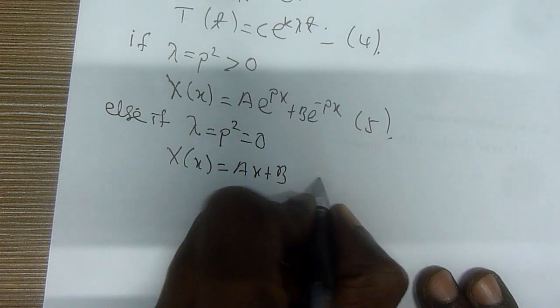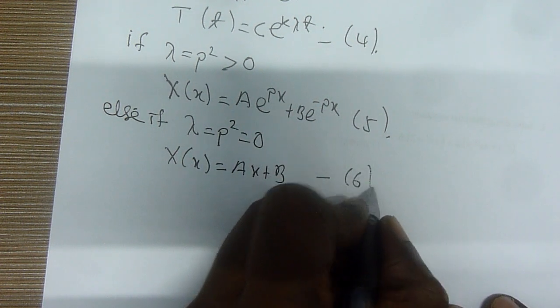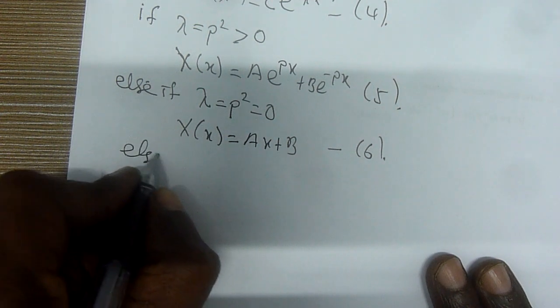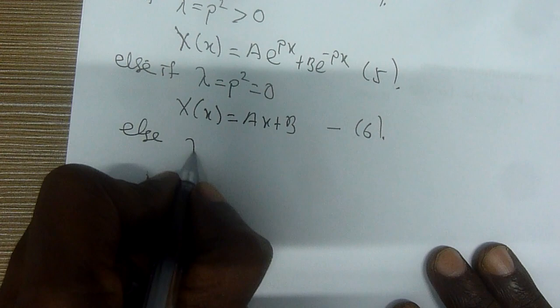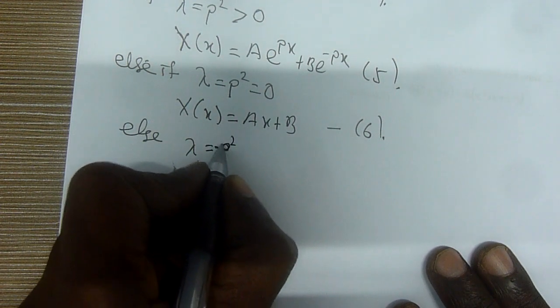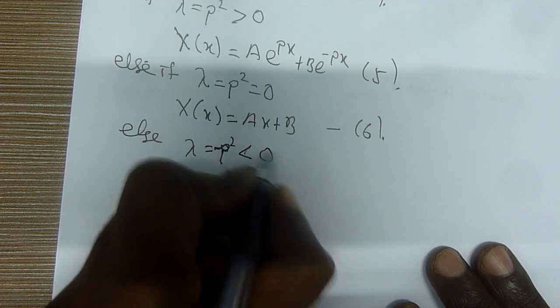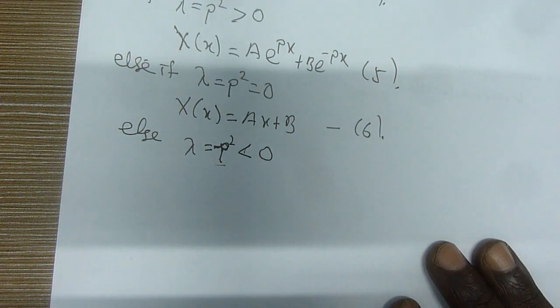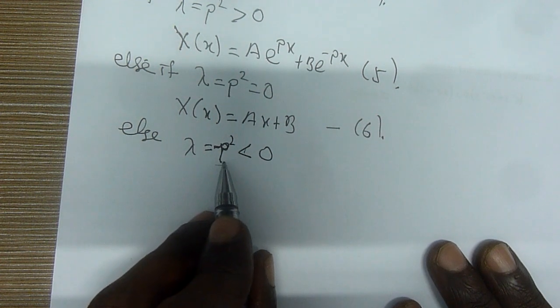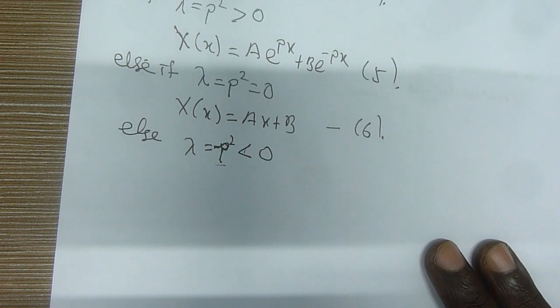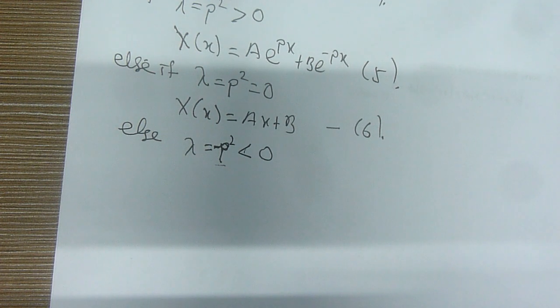We are using the principle of superposition here. Else we have lambda equals negative p squared, less than 0. This is very important, the negative, because only then are you able to do it. I don't know whether for the previous example I put that as negative or not.